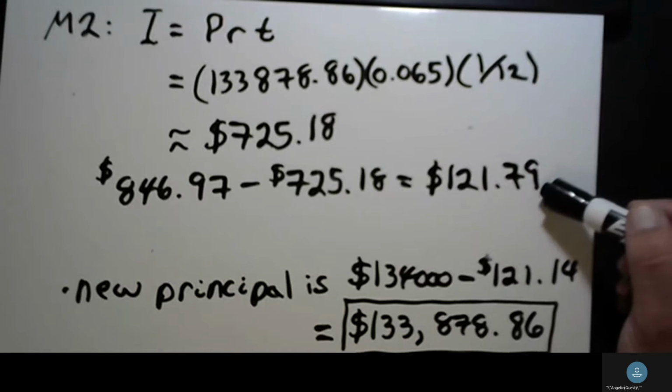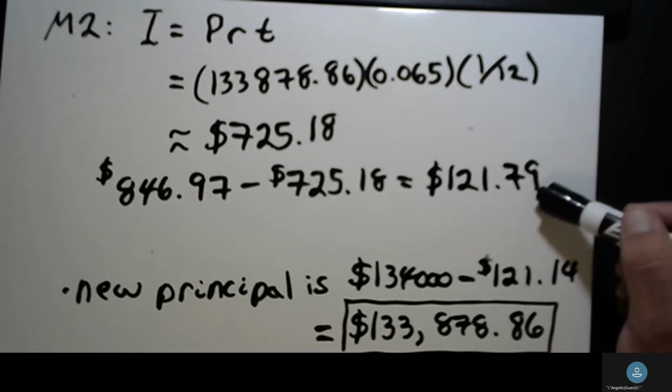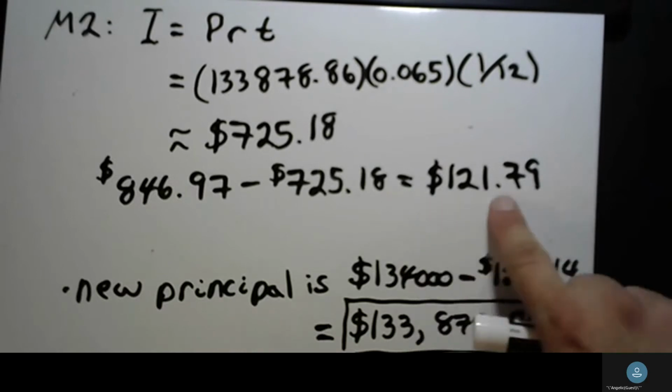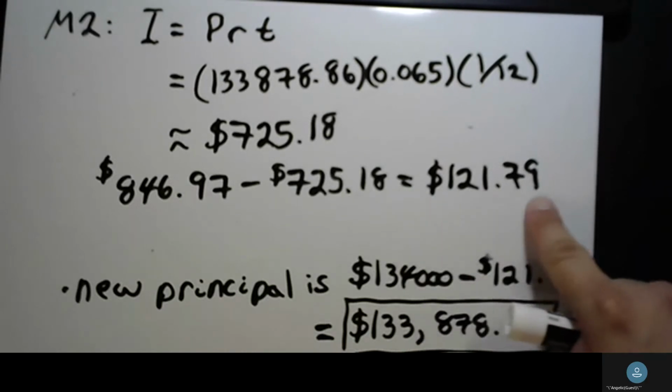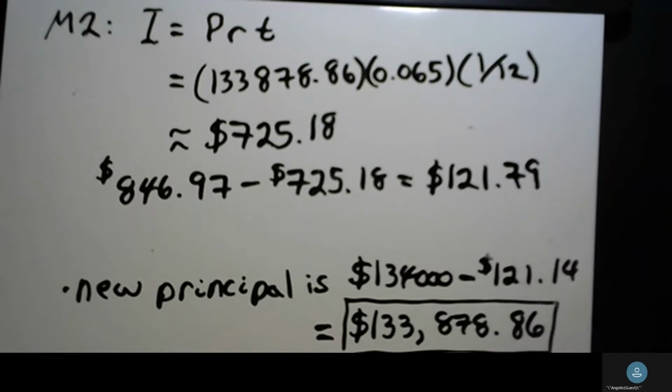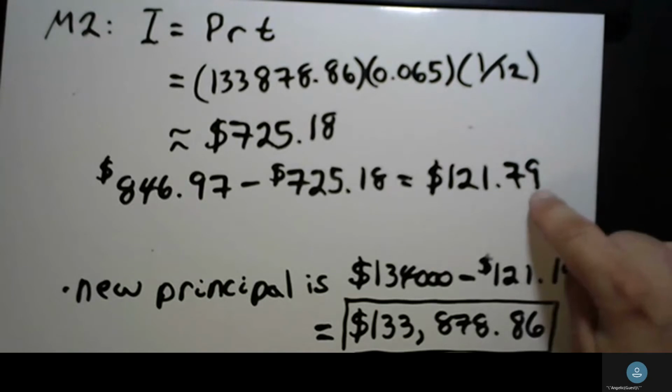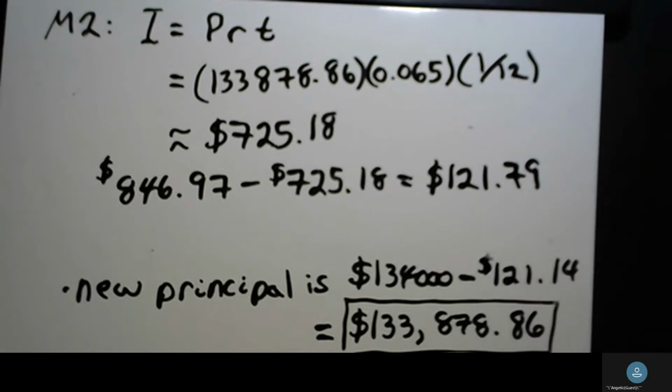Now, we're applying more to the mortgage than what we did last time. Last time it was $121.14. Now it's $121.79. So the idea is that as time passes, as we're paying off more of this mortgage, there's a little less interest that we have to pay off each time. And so the amount left over to pay off our mortgage is going to slowly grow. In this case, it grew by 65 cents.